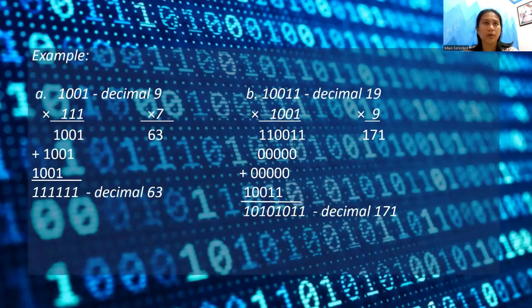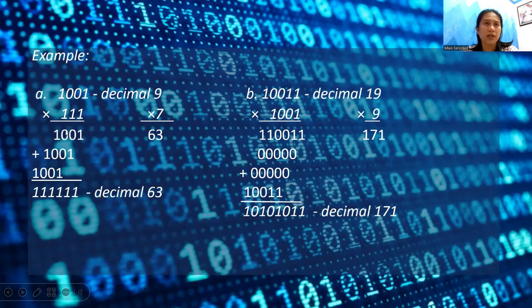For example, letter A: 1001 times 111. We multiply just like in decimal multiplication. So 1 times 1 is equal to 1, 1 times 0 is equal to 0, 1 times 0 is equal to 0, and 1 times 1 is equal to 1.